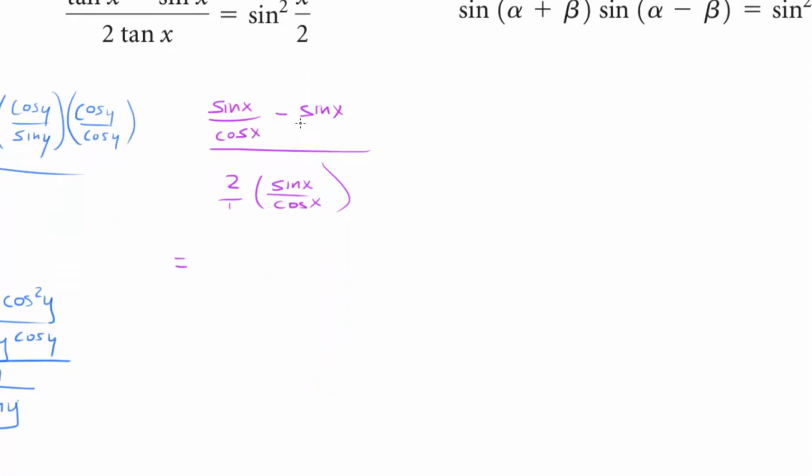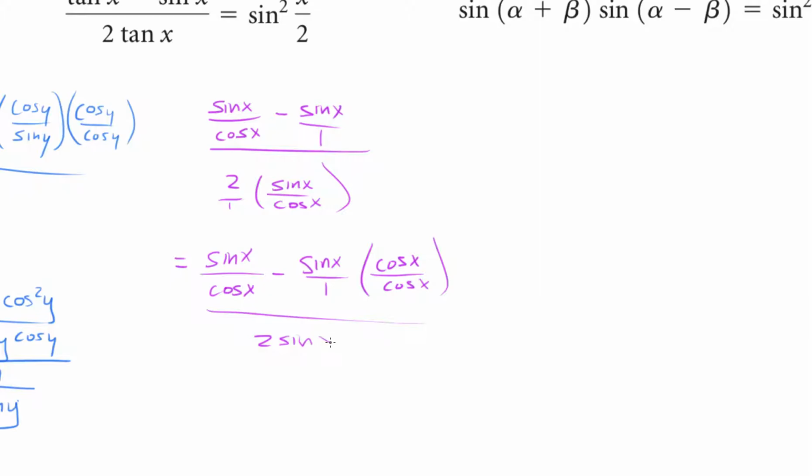Now, sine x is over 1 as well, common denominator, so sine of x over cosine of x minus sine of x over 1 times cosine of x over cosine of x. In the bottom, you have 2 sine of x over cosine of x.